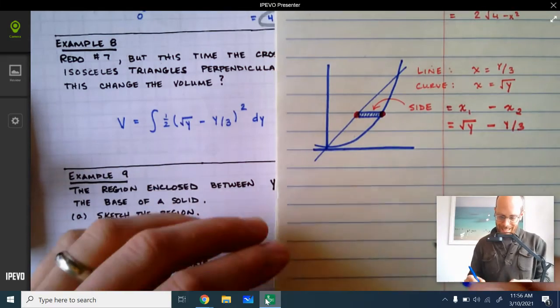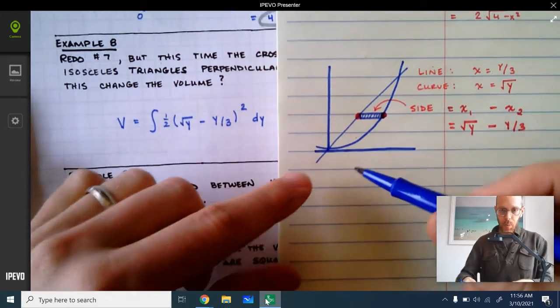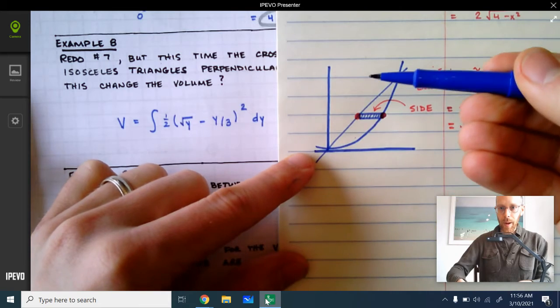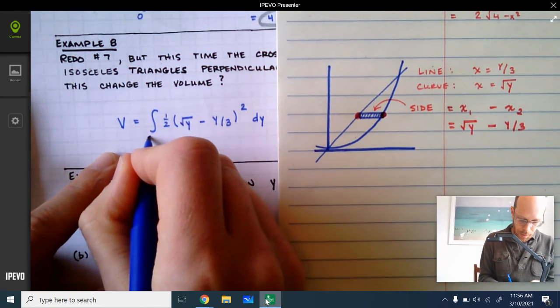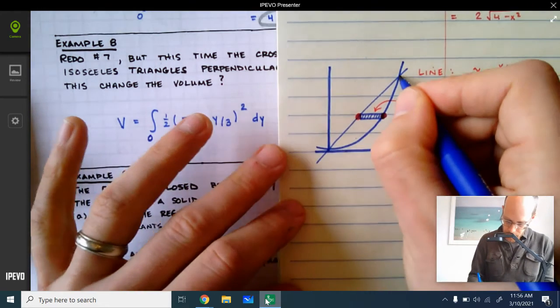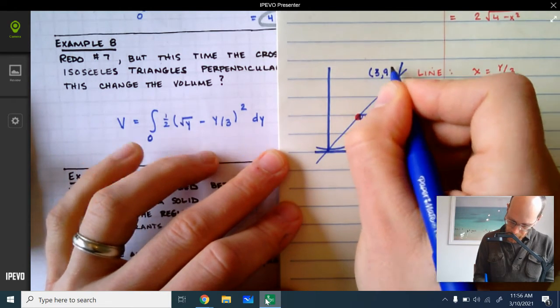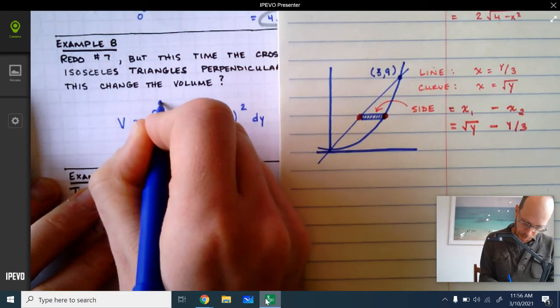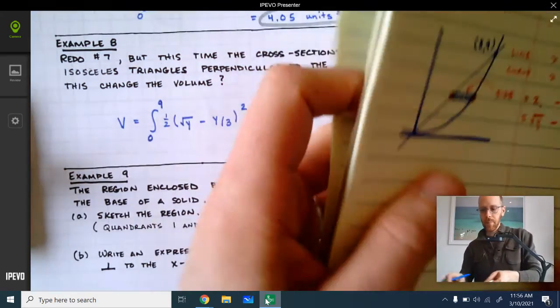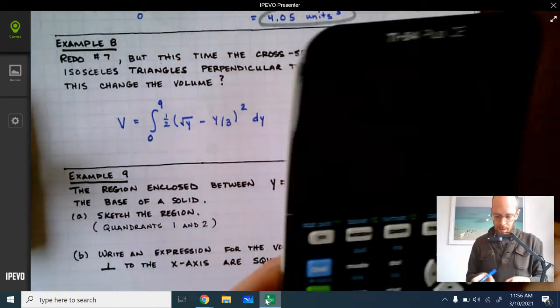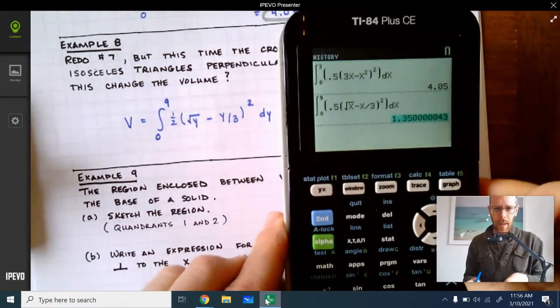The other thing that's going to be different is, since we are stacking them up this way, our lower bound will still be 0. But since this point where they intersect is 3, 9, the upper bound will be 9. You put this in your calculator. I already did it right here.